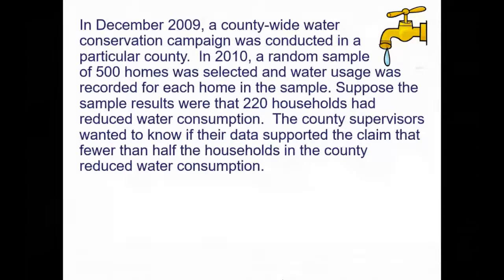So in December of 2009, a county-wide water conservation campaign was conducted in a particular county. In 2010, a random sample of 500 homes was selected, and water usage was measured for each home in the sample.